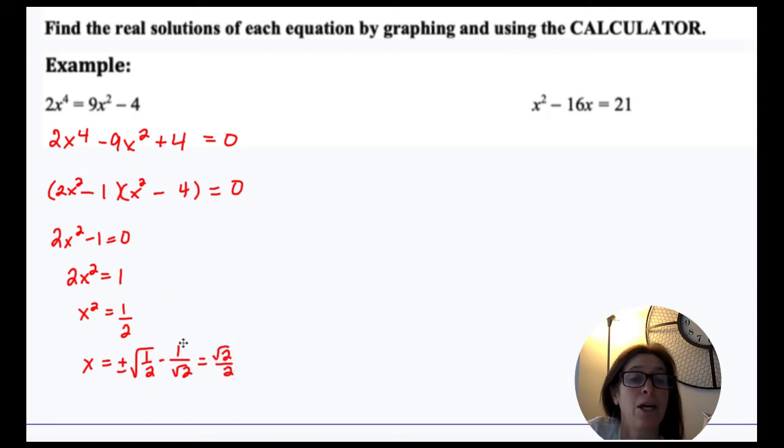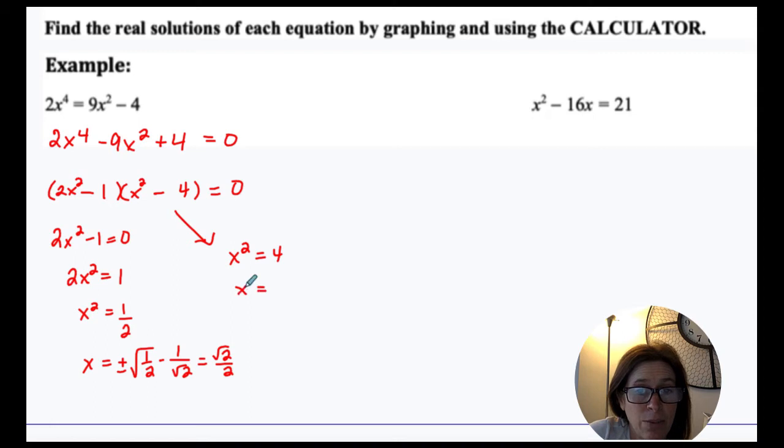Okay, and then this one, I would have x squared equals 4, and so x equals plus or minus 2. So I can certainly do that by hand. But these questions are not all going to be this simple. So I want to be able to use my calculator.